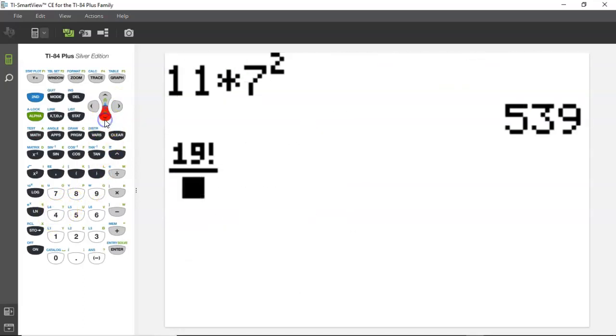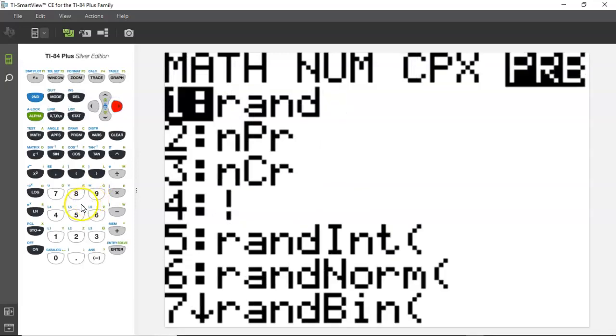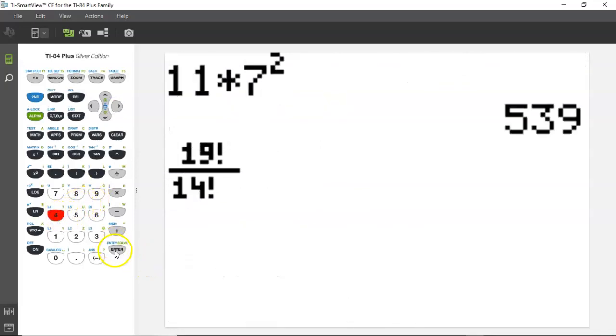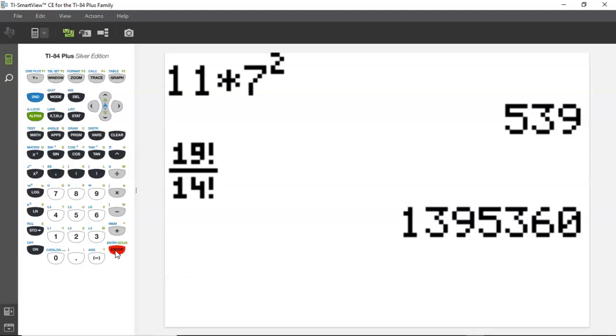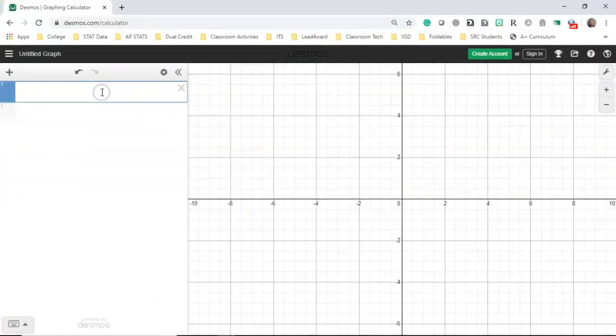And in my denominator, I want 14 factorial, so math, again, probability, PRB, number 4, enter. So that's the value. If I decided to use Desmos, then I do the same thing, 19 exclamation point, 14 exclamation point. So it's a little quicker to get there using Desmos. You just have to figure out which of those tools you want to use to help you with the calculations.